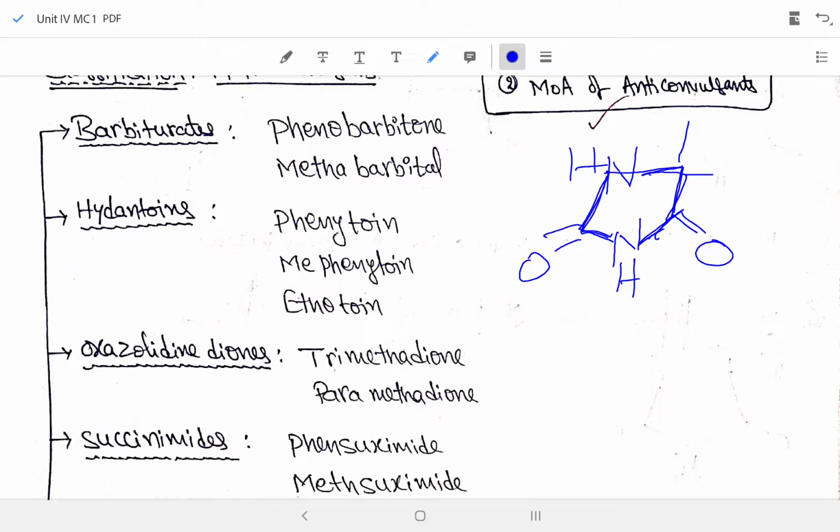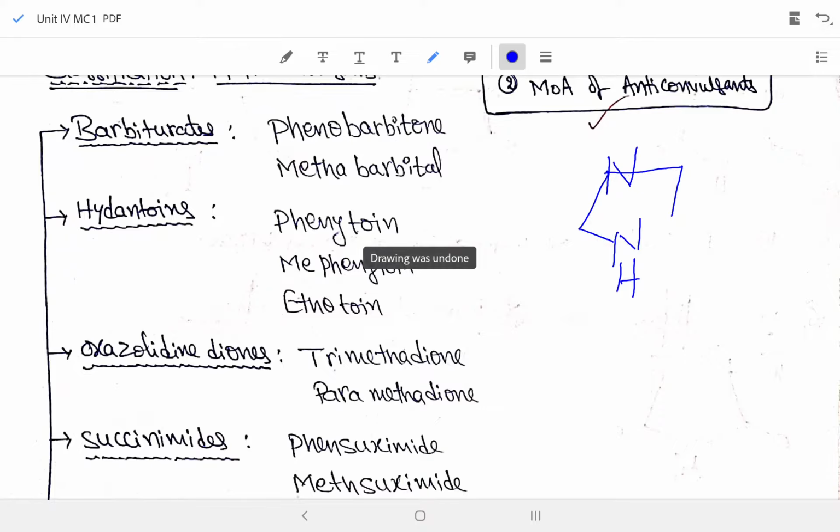It looks like pyrazole but without double bonds and with two C double bond O's. This is very important to remember, so that you can easily remember the modifications in substituents.